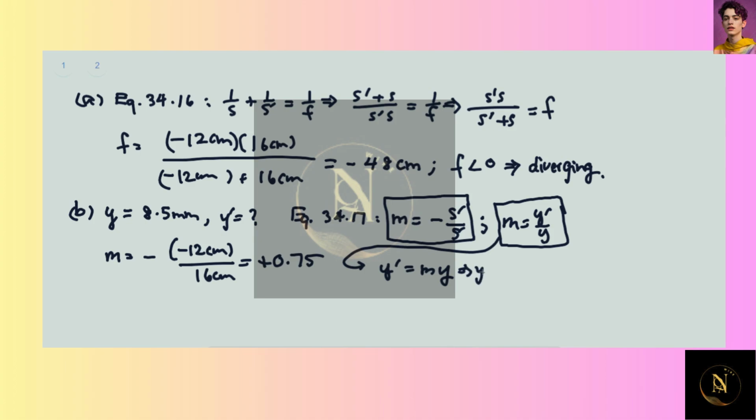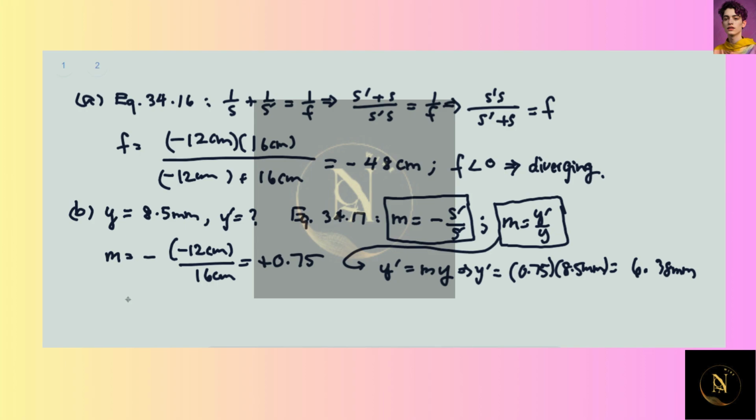So then y prime is equal to 0.75 times 8.5 millimeters, which gives me 6.38 millimeters. And I would urge you to plug in the numbers and check for yourself, just in case I made any mistakes. But the equations themselves and the method that I use should be correct.